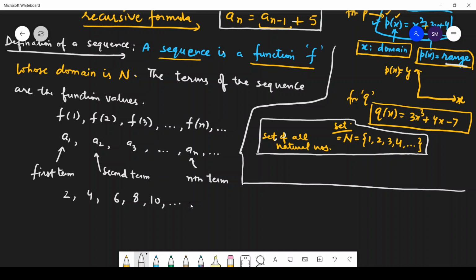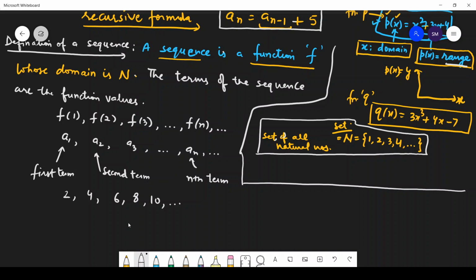And this sequence consists of even numbers, you can see all multiples of 2. To be more accurate, we can specify a procedure for finding all the terms of the sequence. So what's that procedure?